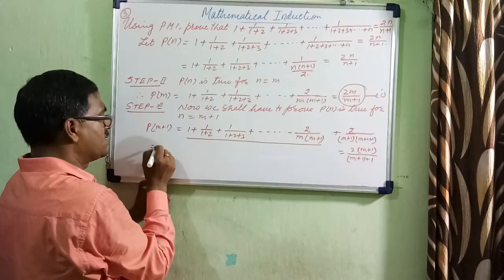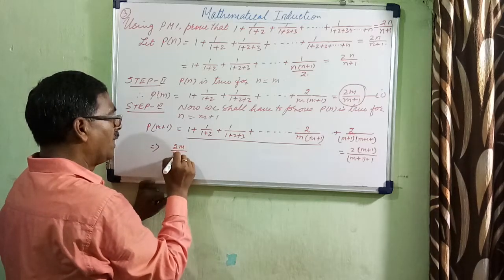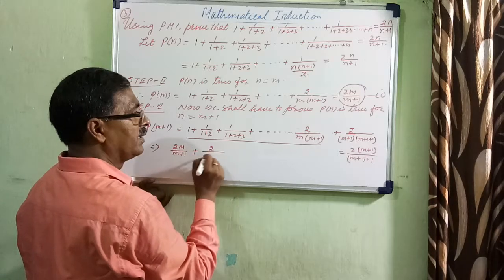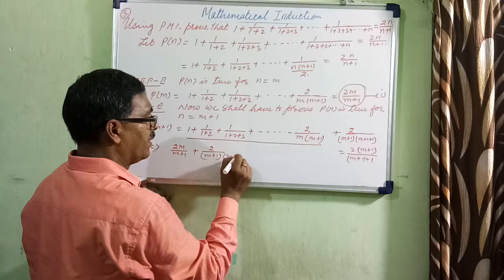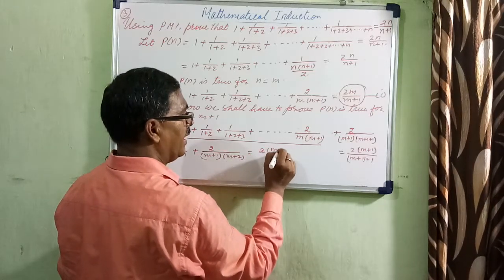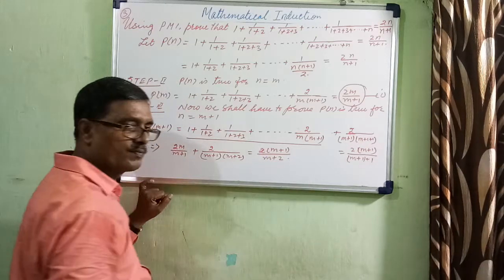So here we can say that 2m by m plus 1 plus 2 by m plus 1 into m plus 2 is equal to 2 into m plus 1 divided by m plus 2.